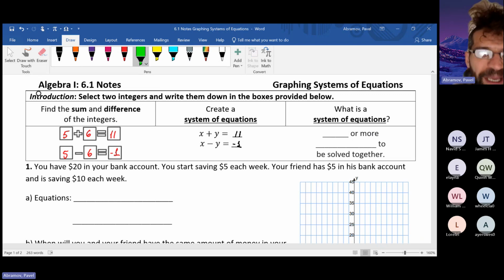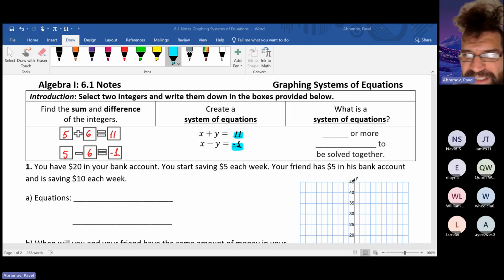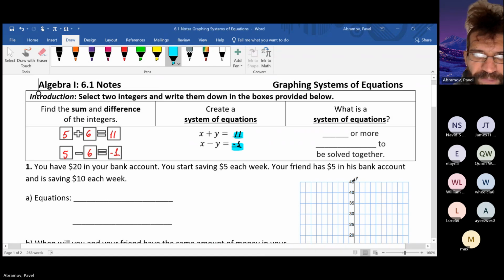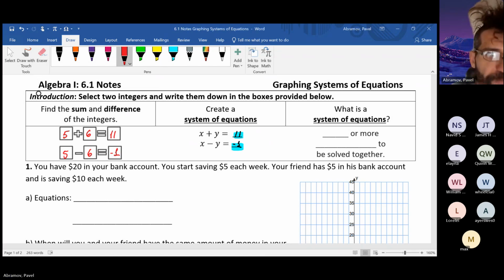The only time that both the sum and the difference work is with the numbers 5 and 6. Okay, so therefore, only if x is equal to 5 and only if y is equal to 6. These are the only options for these two results to be true.